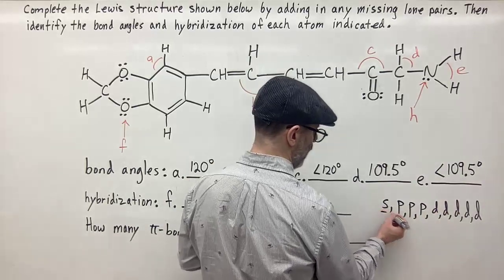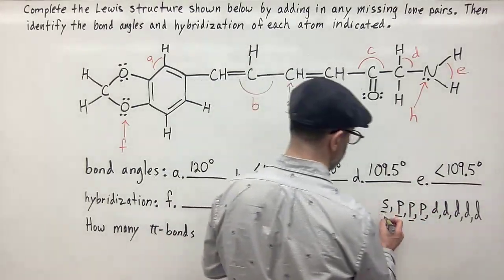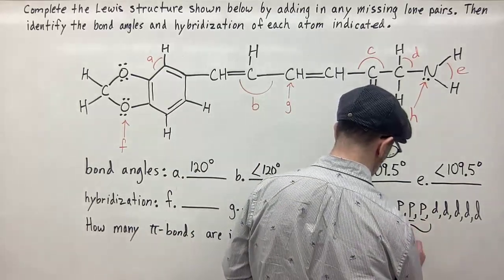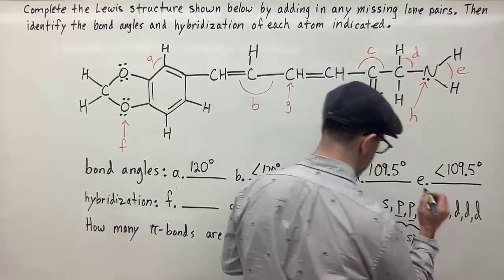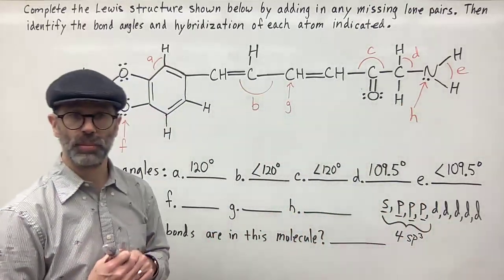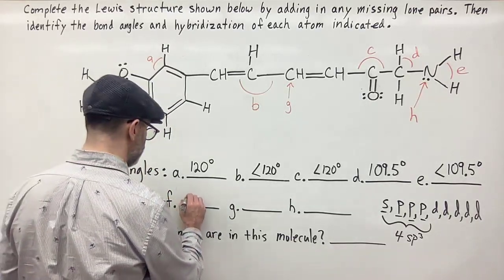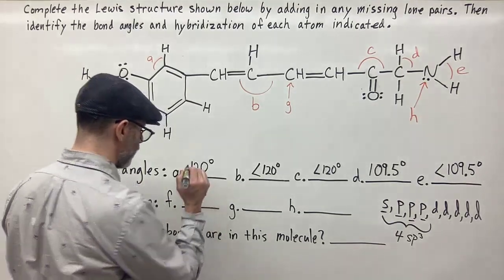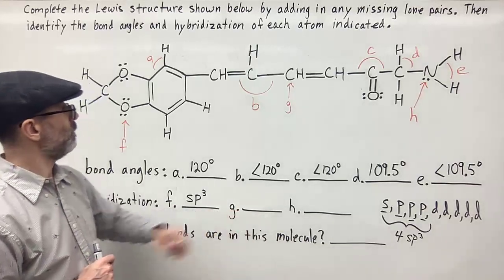So we're going to need an s, a p, a p, a p for my 4. When I hybridize those, I'm going to get 4 equal energy sp3 hybridized orbitals. So for F, that atom is sp3 hybridized.